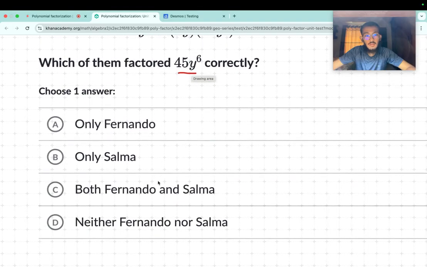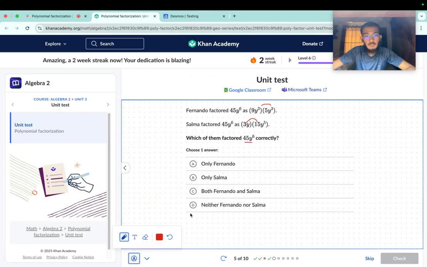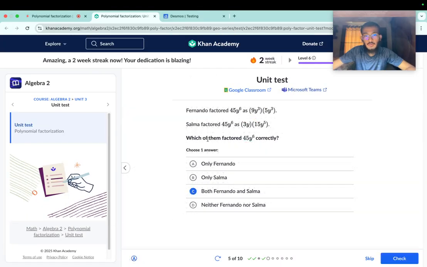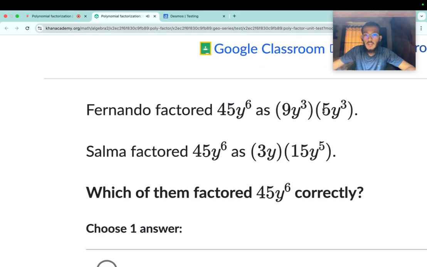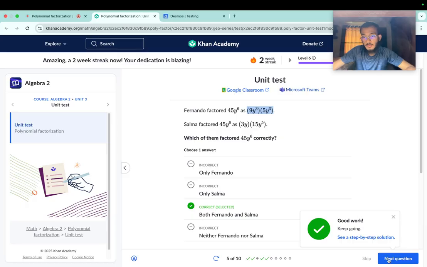So both of them factored correctly, because both get 45y to the power 6. 3 plus 3 is 6, and 1 plus 5 is also 6, so there you go.